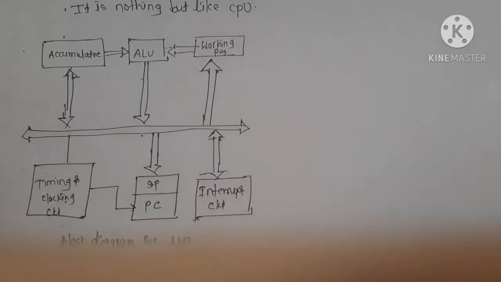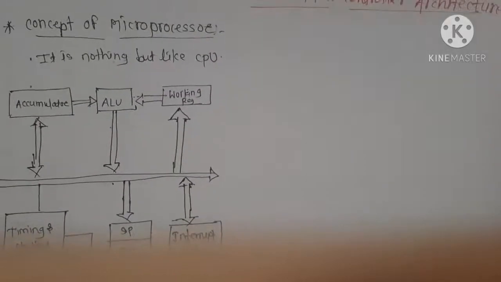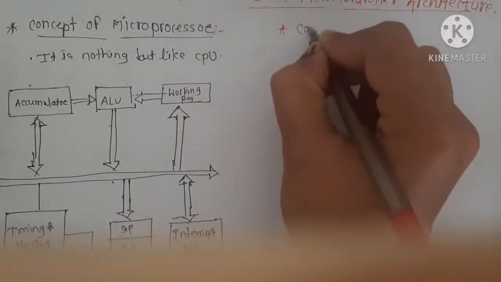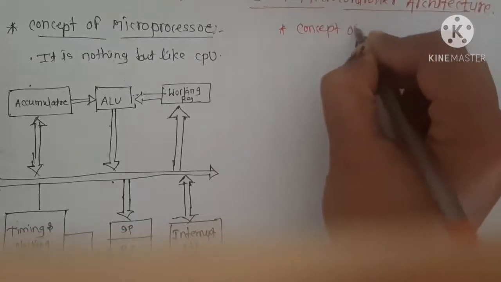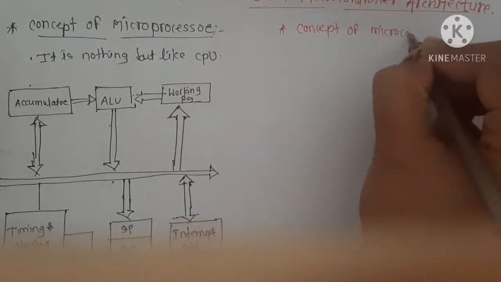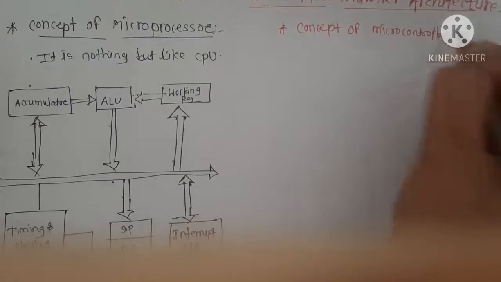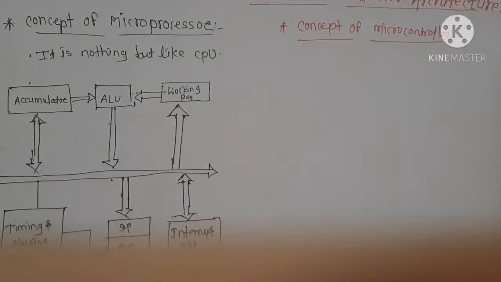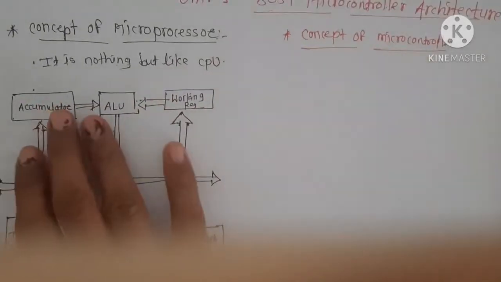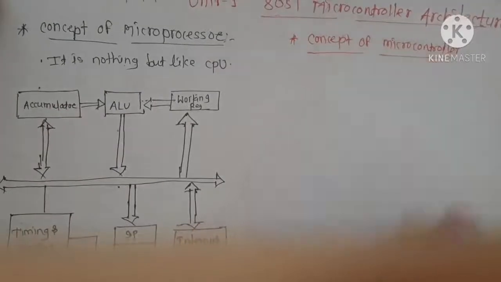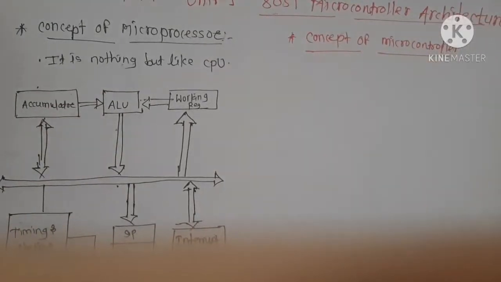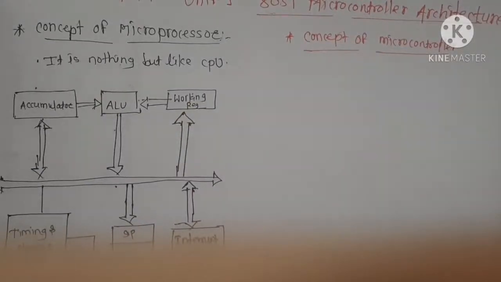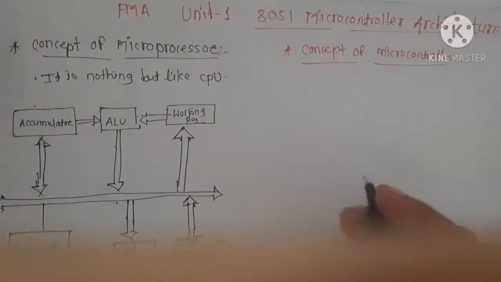Now we will see the block diagram for microcontroller. Concept of microcontroller. Because of only one feature, we use microcontroller instead of microprocessor. After seeing the block diagram, you will get what the difference is between microprocessor and microcontroller. So let's see the block diagram for microcontroller.